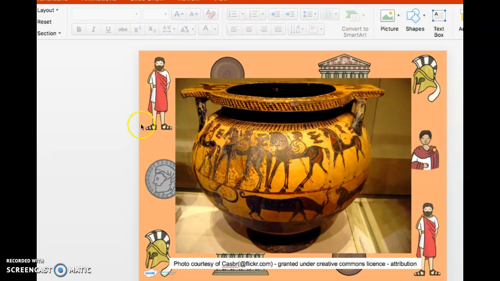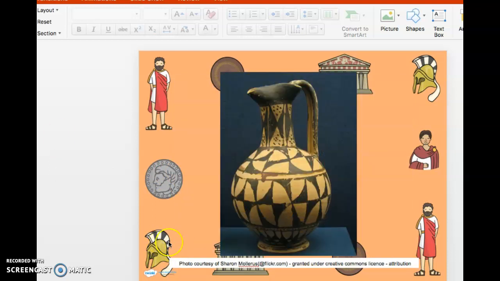And here you can see the helmets and the coins around the edge that you might want to include. Again, this is just a pattern, but it's using this light brown and the black.